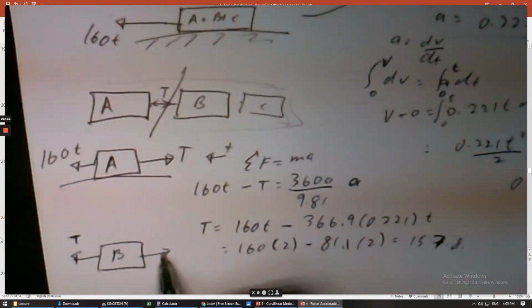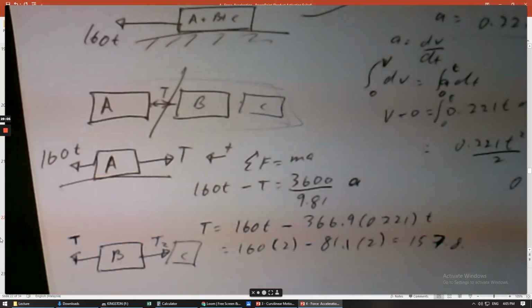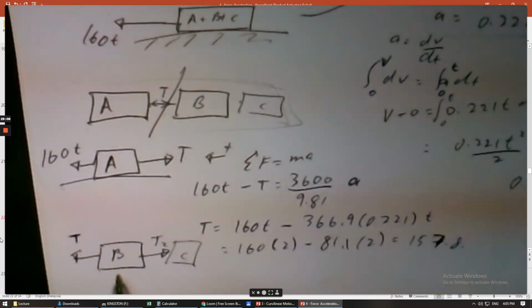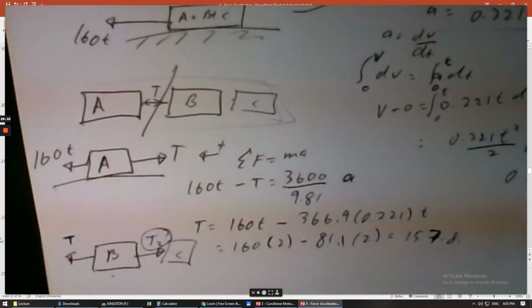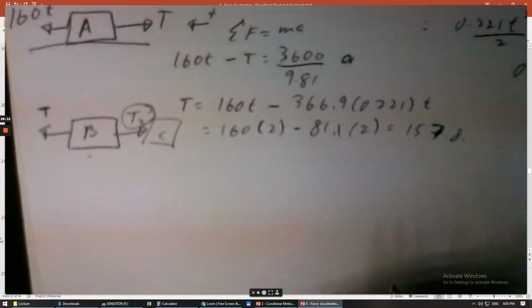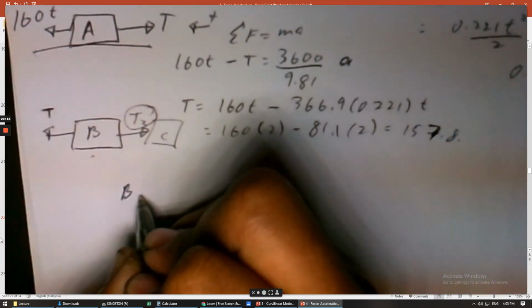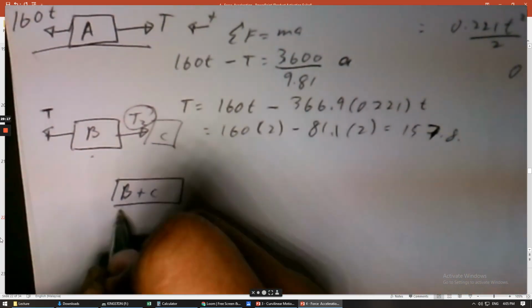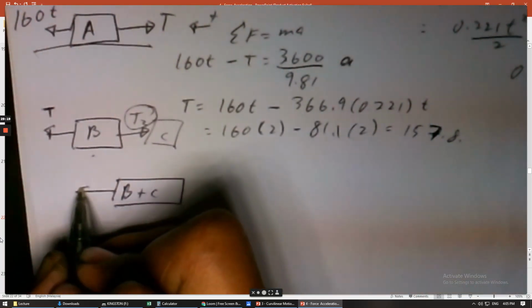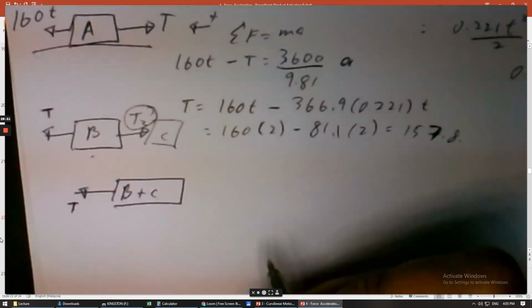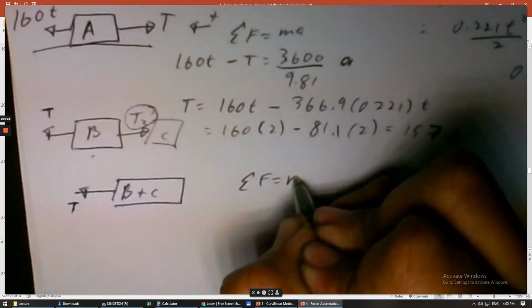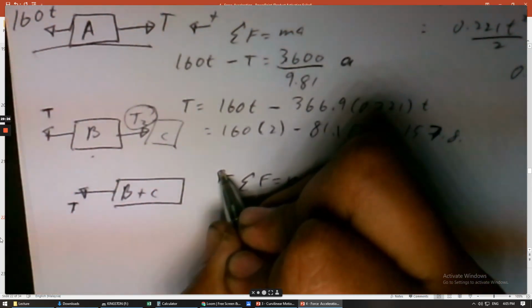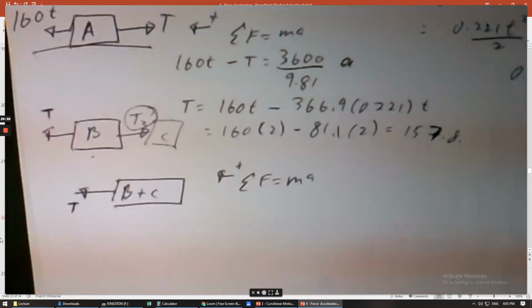However, there's also T2 by C. So we cannot use B alone, because we do not know T2. However, we can use B plus C as the whole system. So F equals MA, going to the left as positive.